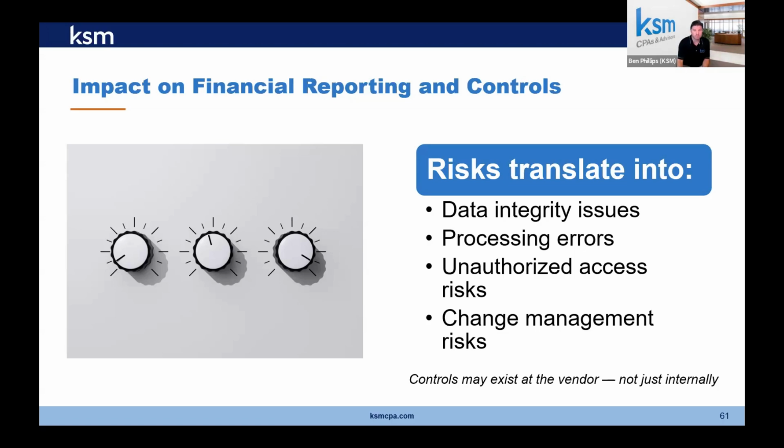If those controls fail, the impact can include inaccurate financial data, processing errors, unauthorized transactions, or unreliable reports. One thing your financial auditors increasingly focus on is whether the organization understands where those controls exist and whether they properly oversee them. So management cannot simply assume that the vendor is handling everything correctly. There needs to be evidence of governance and oversight.